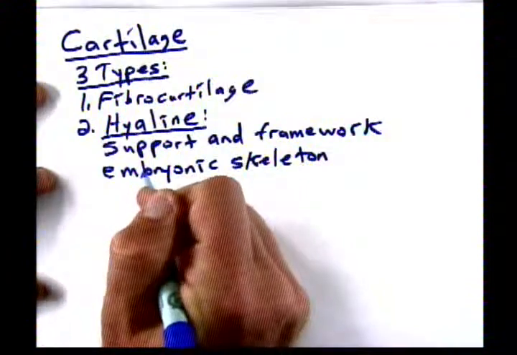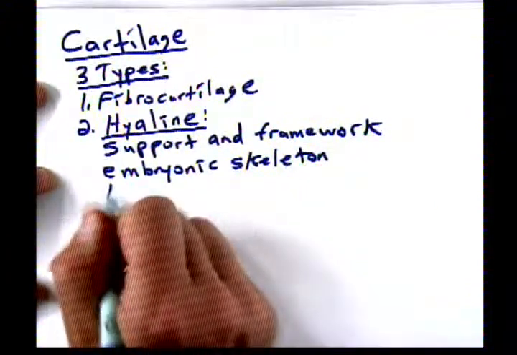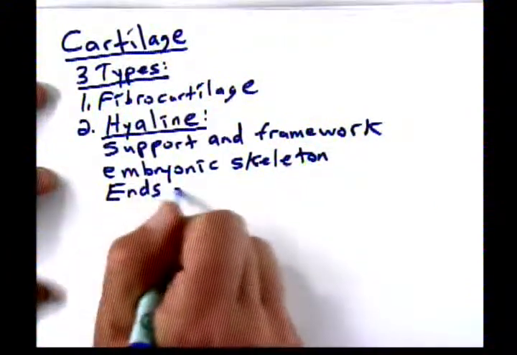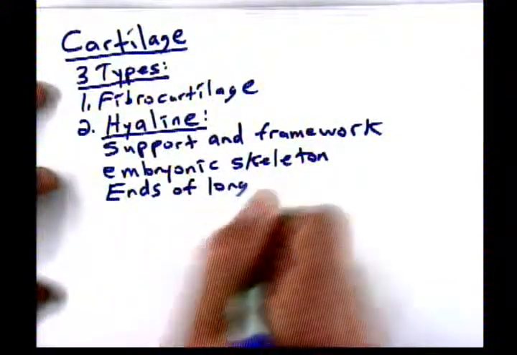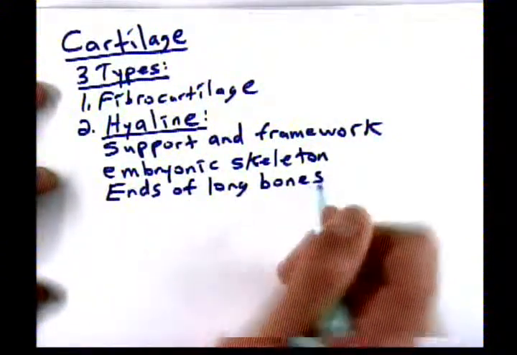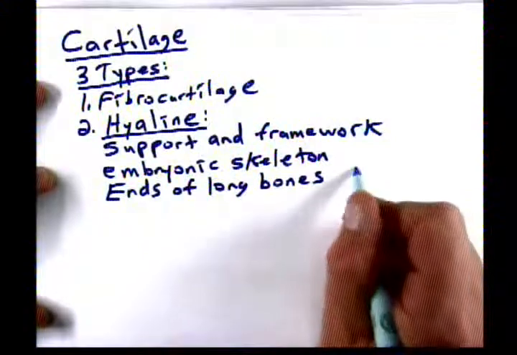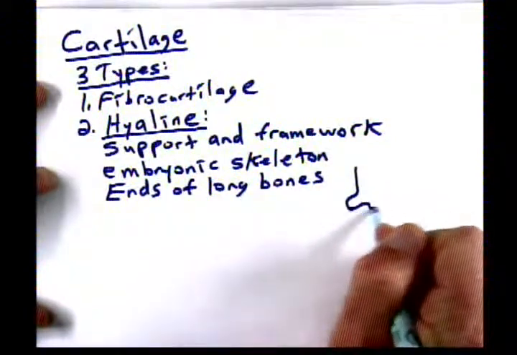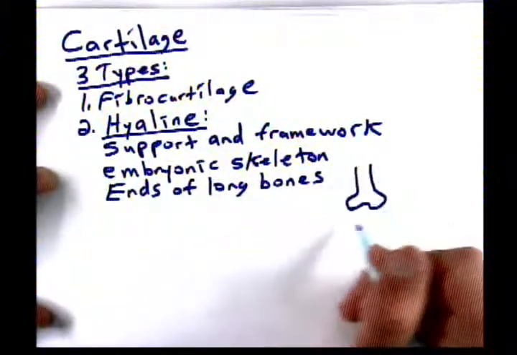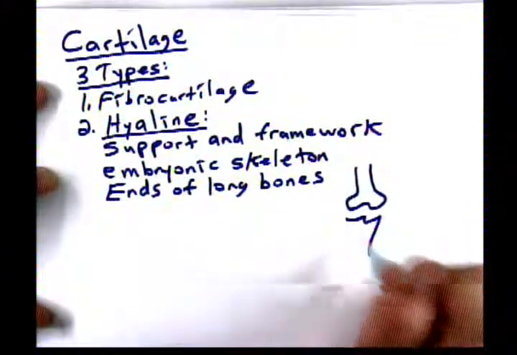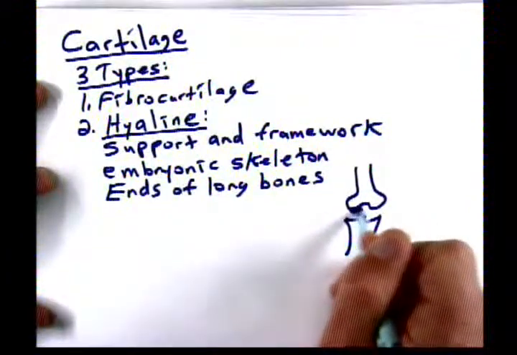The other areas where you find this is at the ends of long bones. In dealing with the end of a long bone, let's say here we have the femur again. Here's the femur. Here's the tibia. At the end you have a small amount of cartilage.